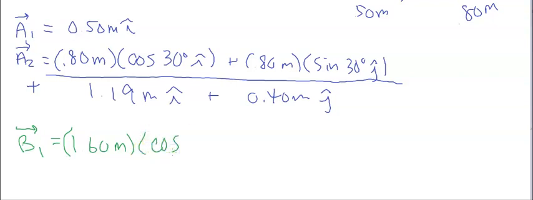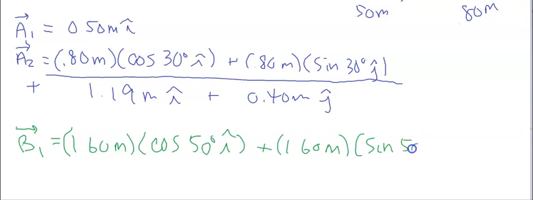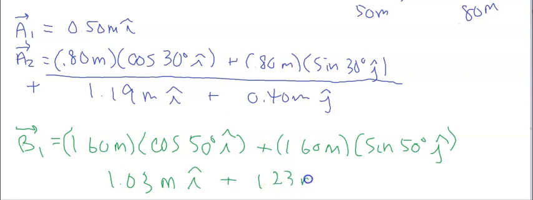I'll use cosine 50. And then the j component will be 1.6 meters sine 50. Let me plug that into my calculator, and you should get 1.03 meters i hat plus 1.23 meters j hat.